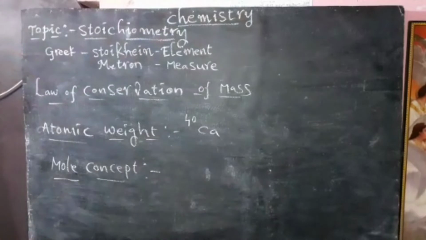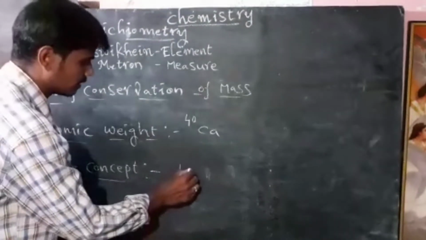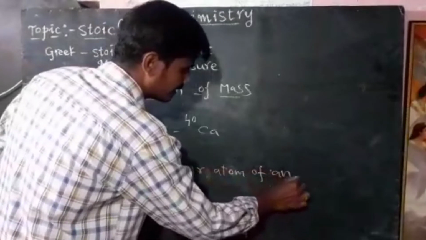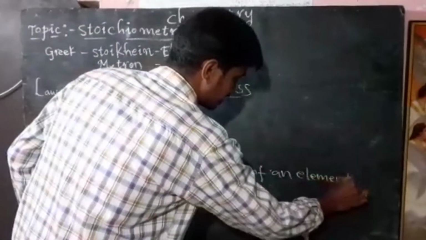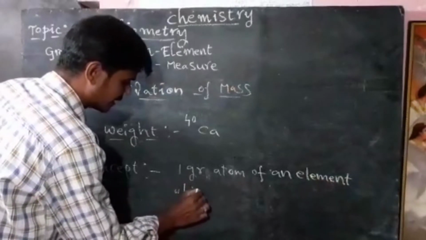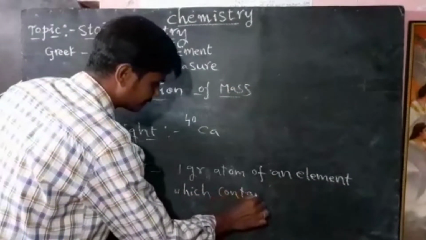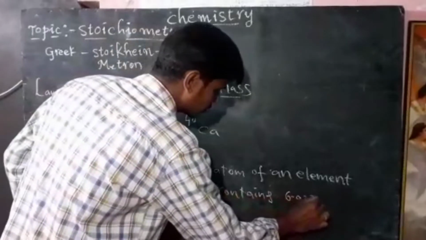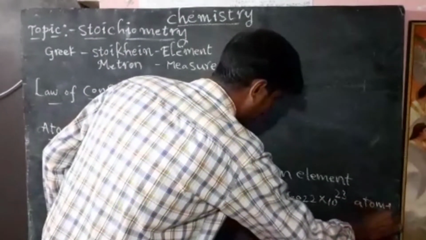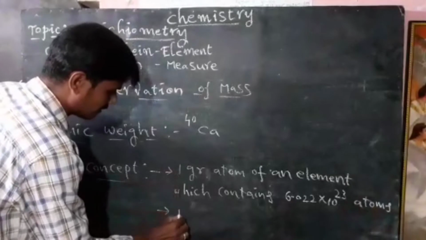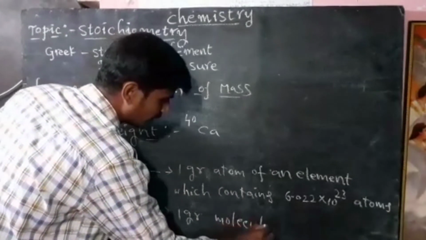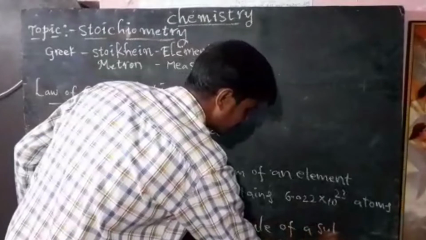See here, 1 gram atom of an element contains 6.022 into 10 to the power of 23 atoms.